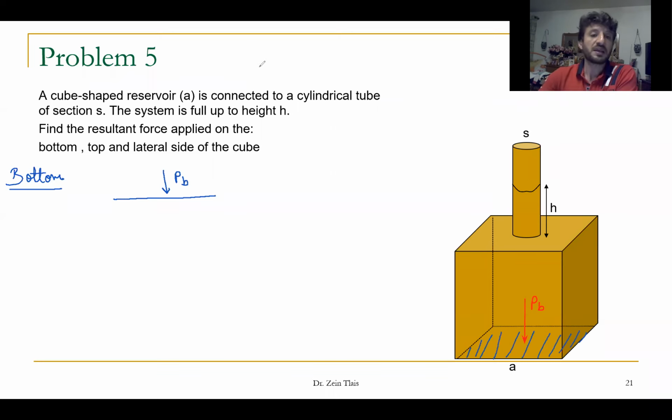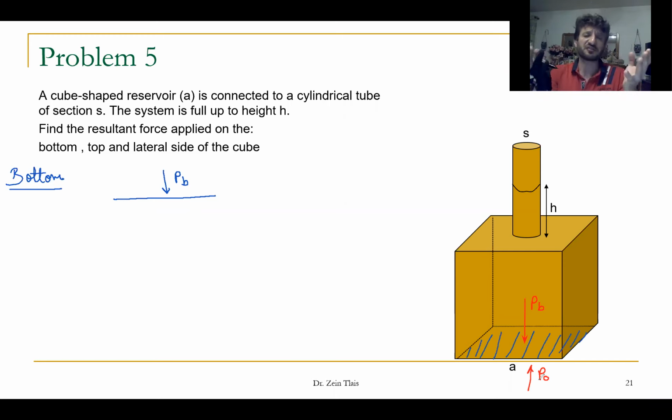Now here we have PB applied from the internal side, and here we have the atmospheric pressure P0 applied from the external side. I want to calculate the total force applied on the bottom of the cube.